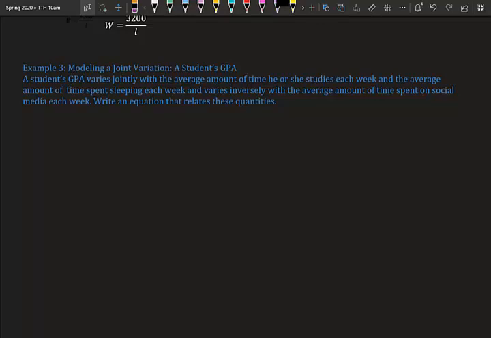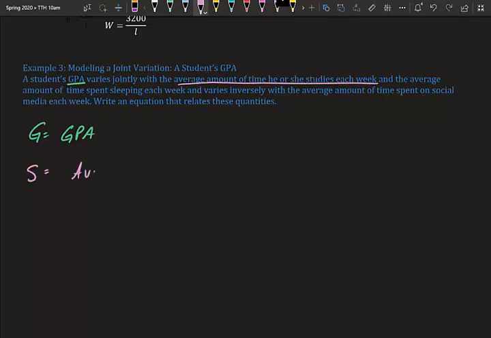So let's take out every part of information they gave us. We're talking about a GPA, so we're going to say that's a G. Let's just take out our variables. It varies jointly with the average amount of time he or she studies weekly, so we'll say that's S, because that's studies.